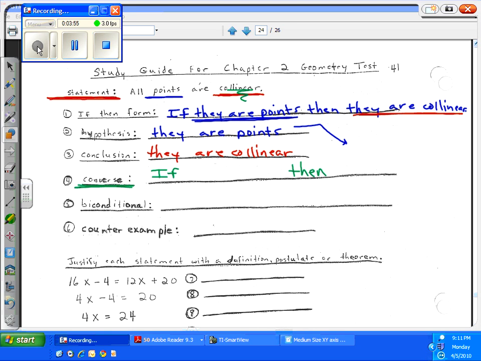We're going to let the hypothesis become the conclusion, and the conclusion become the hypothesis. So now we say if they are collinear, then they are points.